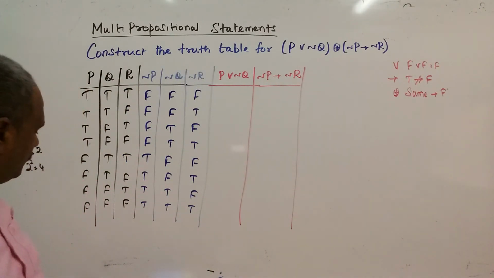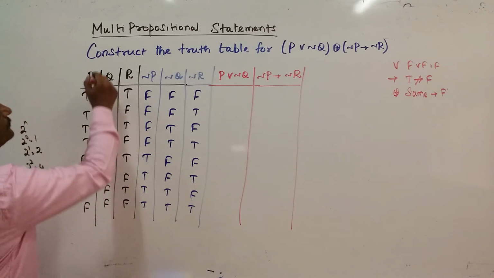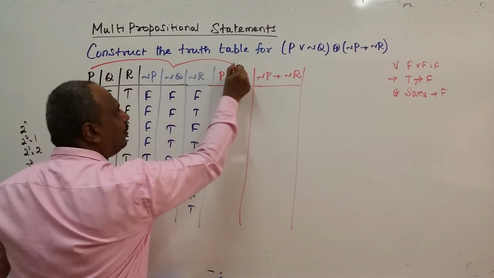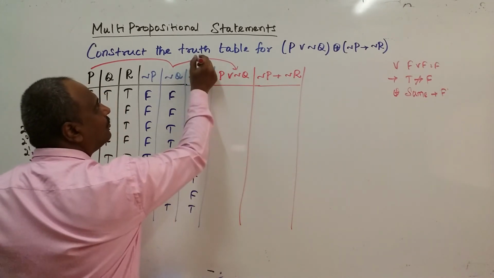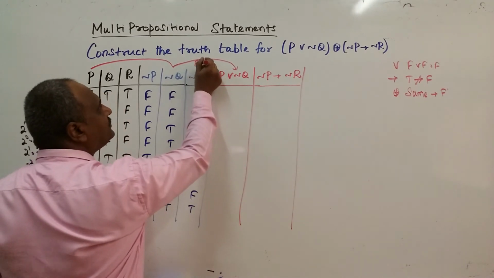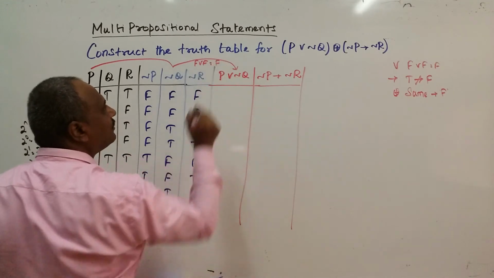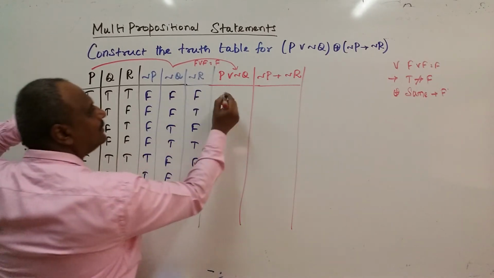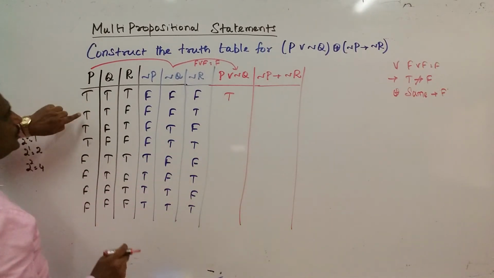So what will this be? Here is P, here is negation Q, and I am going to apply OR. OR means if I have two false statements, the result is false. False or false is false. So I am going to check here. True, false: the result is true.